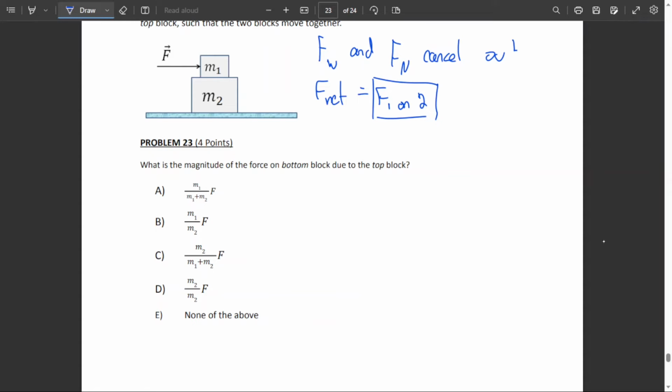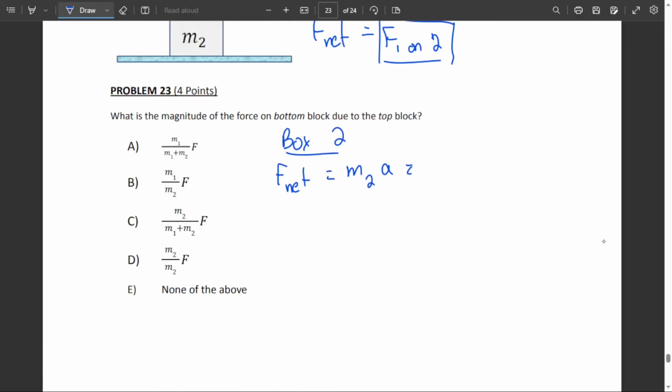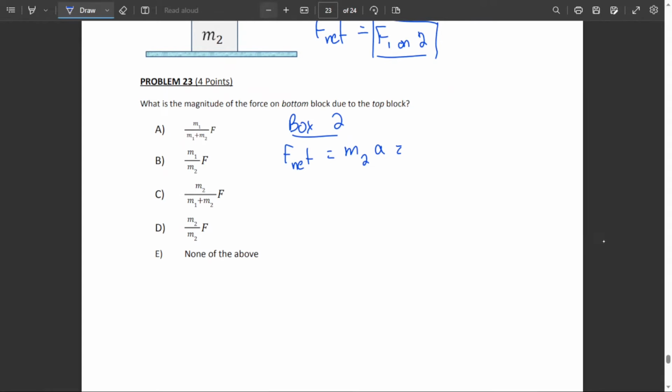Well, if we look at the forces on only box 2, we know that F net must equal the mass of box 2 times its acceleration. We know that the net force is equal to the force of 1 on 2.